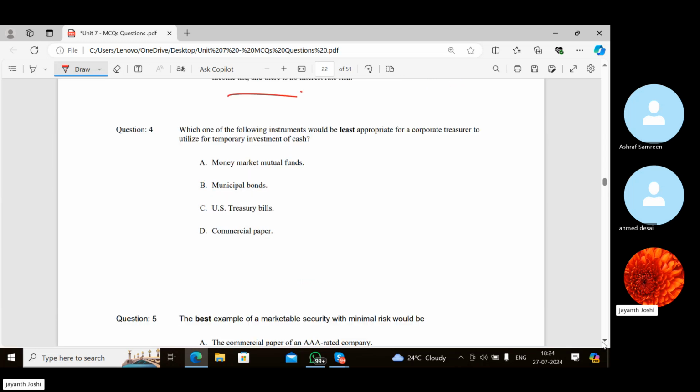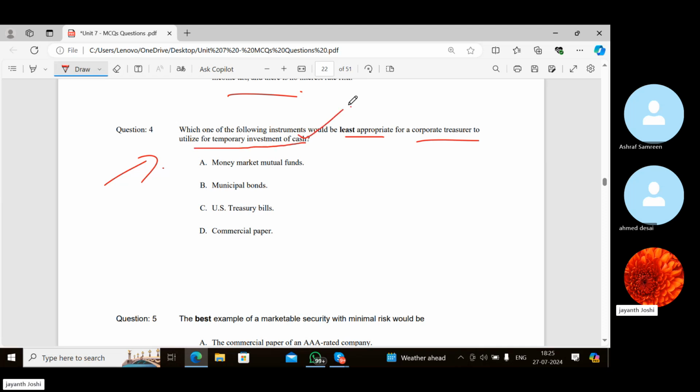Okay, next question. Please tell me the answer for this. See, which of the following instruments would be least appropriate for a corporate treasurer to utilize for temporary investment of cash?